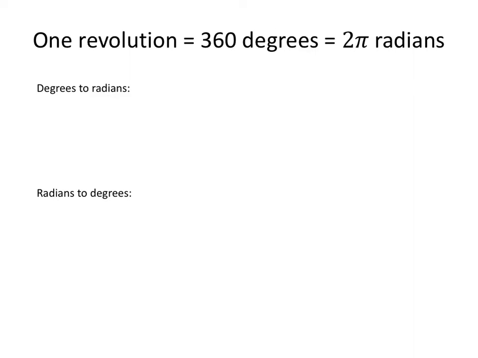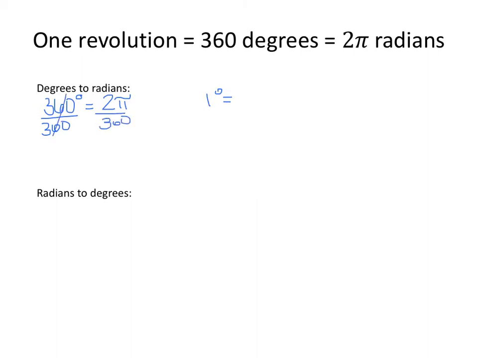To begin with, we say that we agree that 360 degrees is equal to 2 pi radians. Well, what would 1 degree be equal to? In order to do that, we can just divide both sides of this equation by 360.